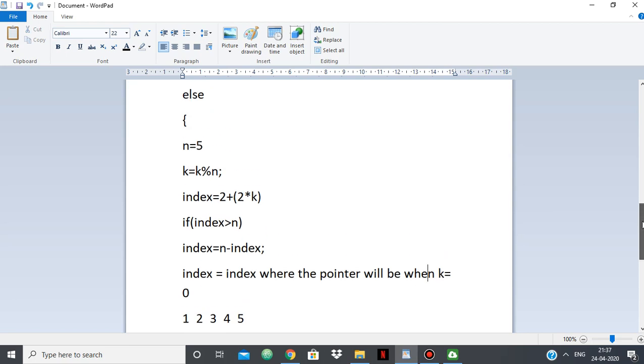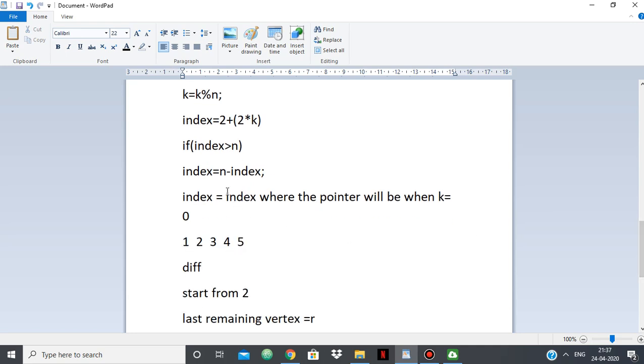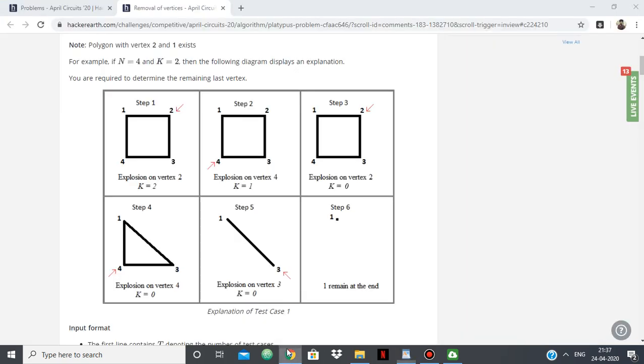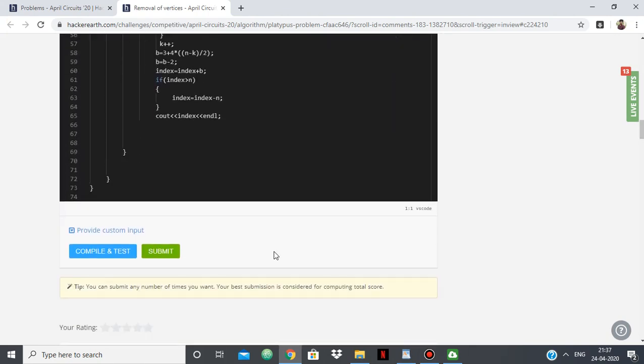And now I'm saying that you find the last remaining vertex from 2, and the difference of that and 2, just add it to the index that you found and you'll get the answer. So I'll just show you the test cases which I saw, and I'll give some custom input.